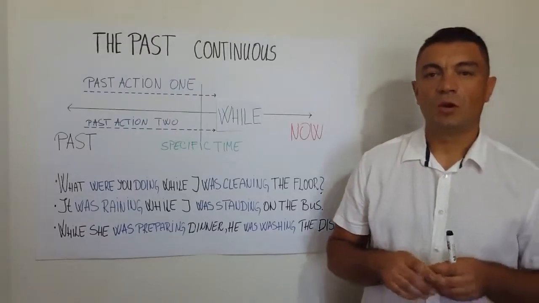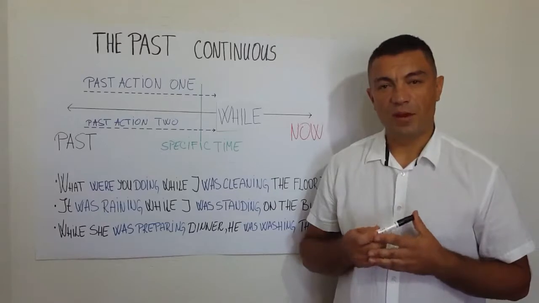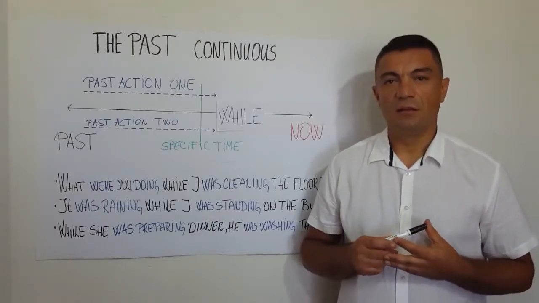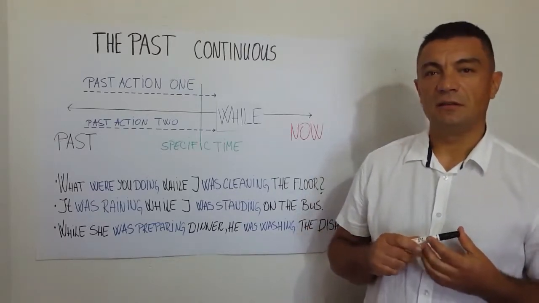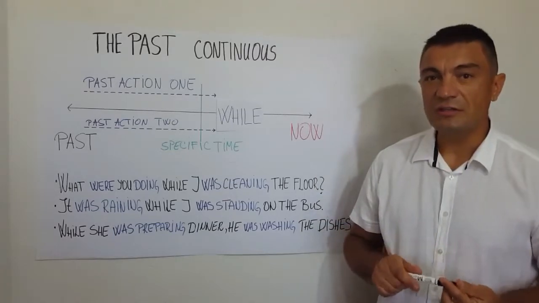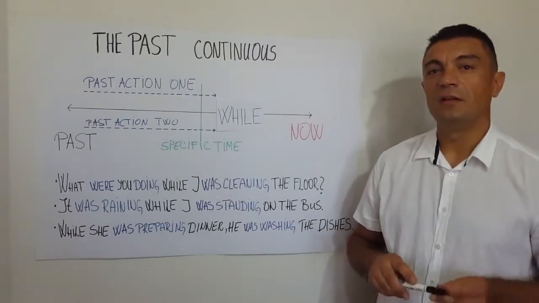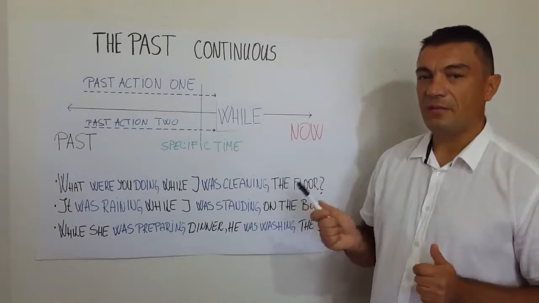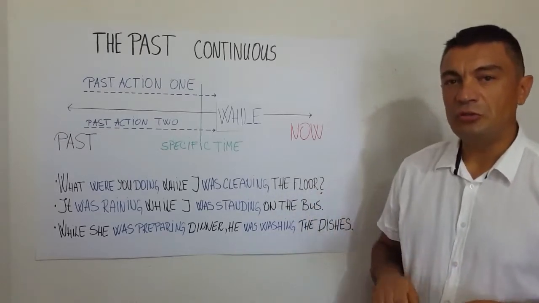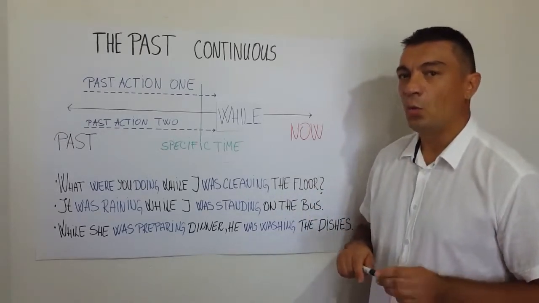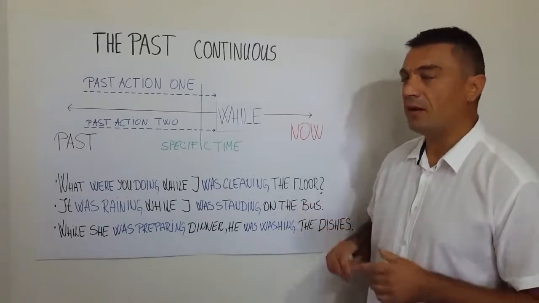Okay, let's see the third case of the past continuous tense. The third case is about two actions that were in progress in the past at the same time. We are talking about two parallel actions that were happening at the same time.